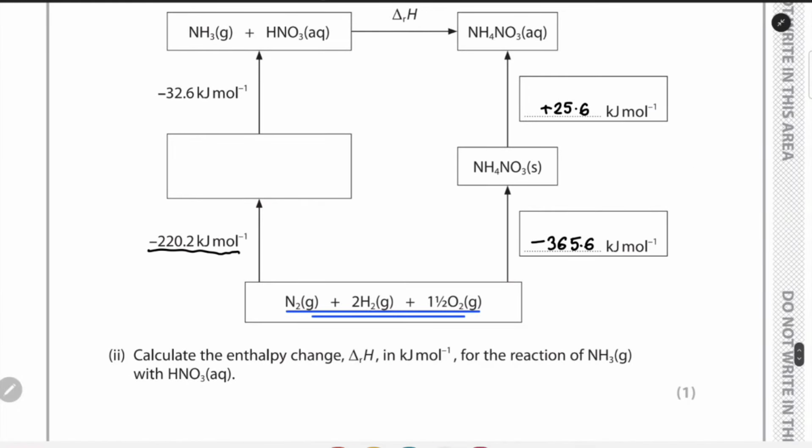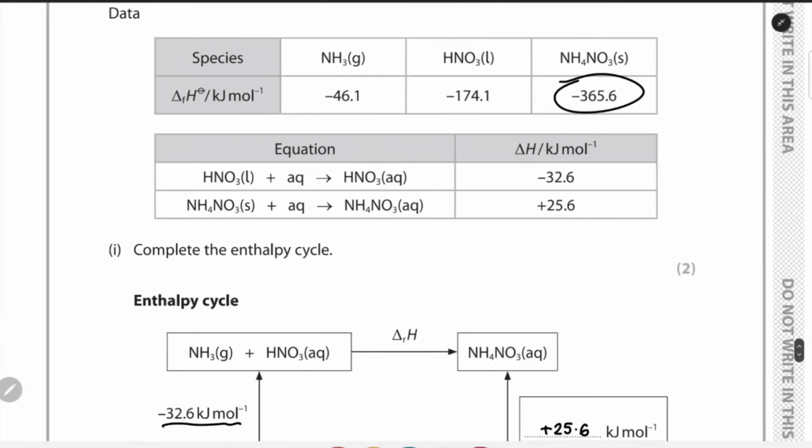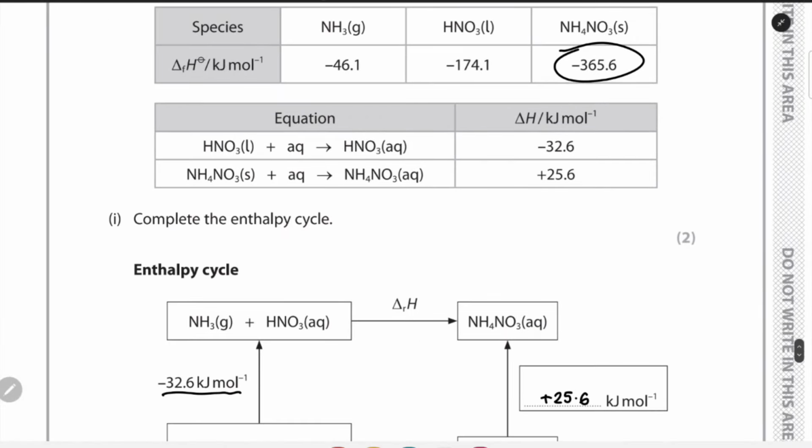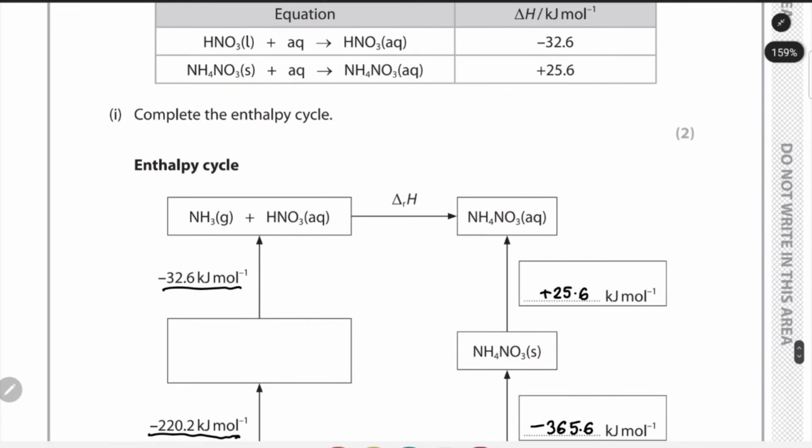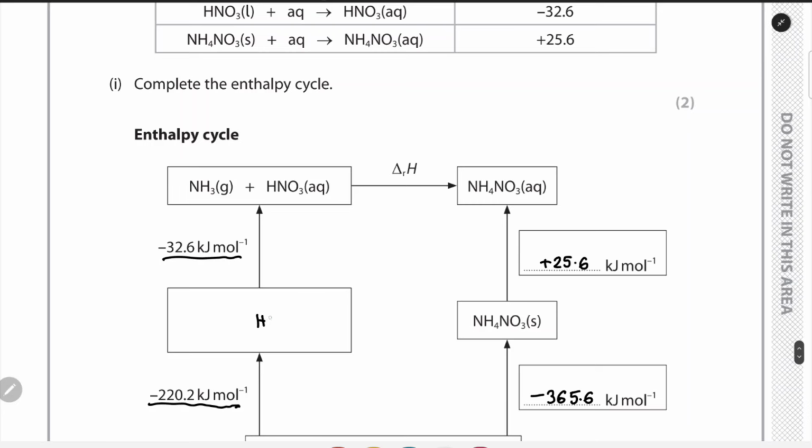Now we are given values over here, but we do not know what's in the middle. If I go over here, I can see that the minus 32.6 kilojoule is over here. So before this step, I must have had HNO3 liquid.